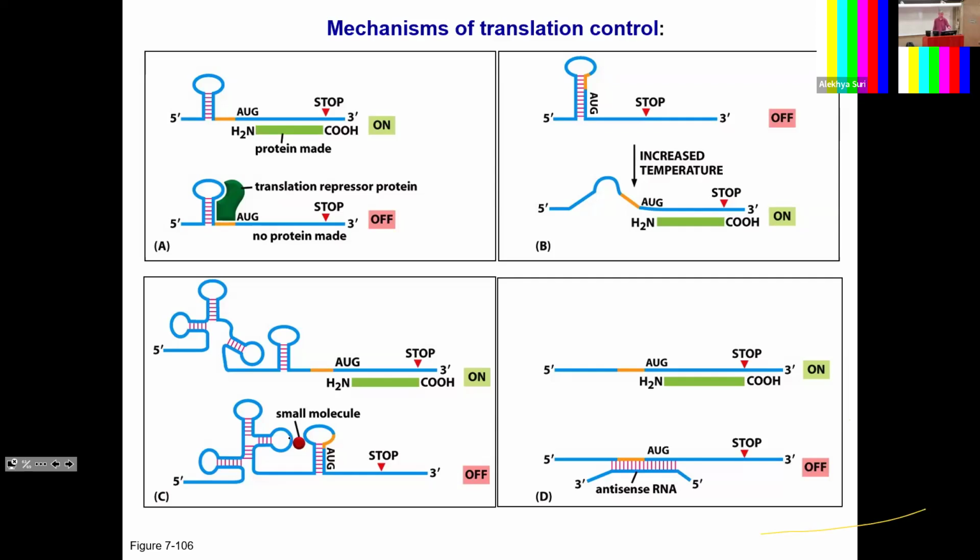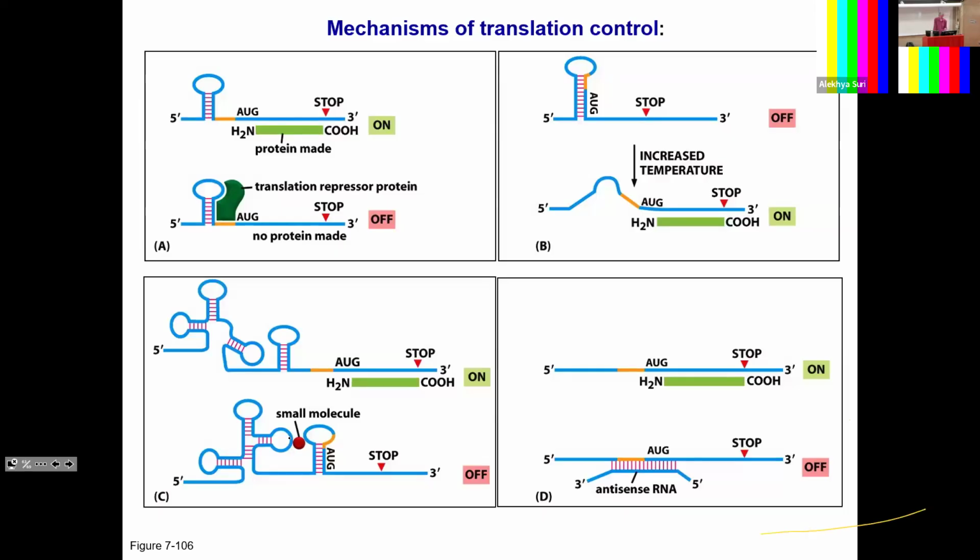And so the ribosome would bind around this sequence. If this sequence is blocked, like in example A, by a translation repressor protein, the ribosome cannot bind, and so translation is turned off.